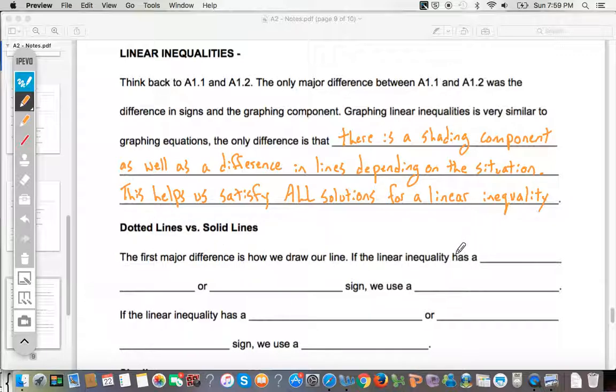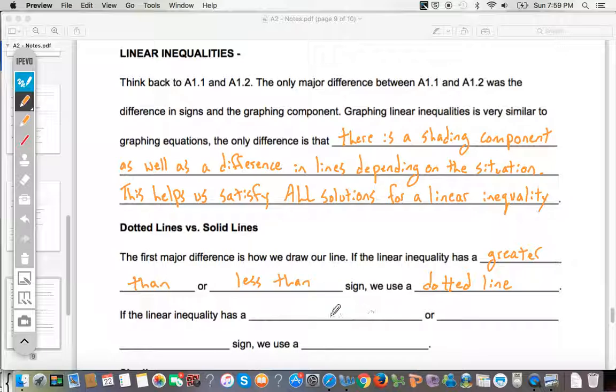The first major difference is how to draw the line. If the linear inequality has a greater than or less than sign, we use a dotted line or a dashed line.